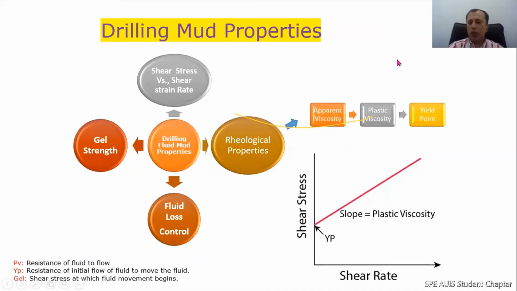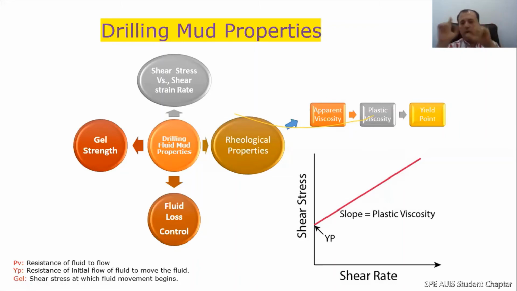How can we get those parameters? Actually, it's a test done using a viscometer, between shear strain rate on the x-axis and shear stress on the y-axis. And then mathematically, not experimentally, you have done it experimentally, the relation between shear strain and shear stress.